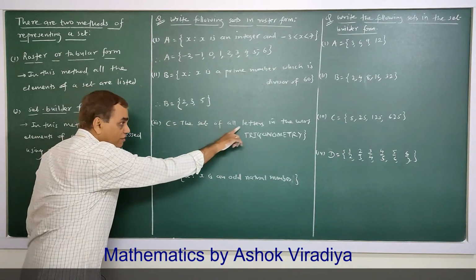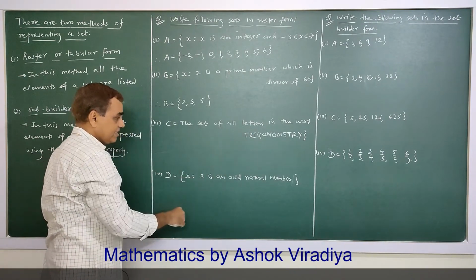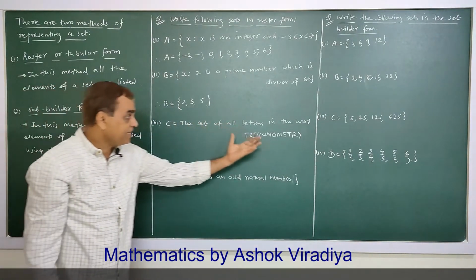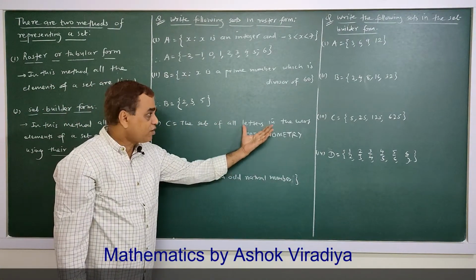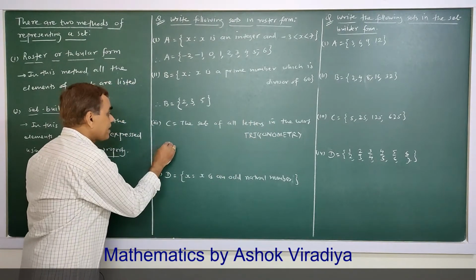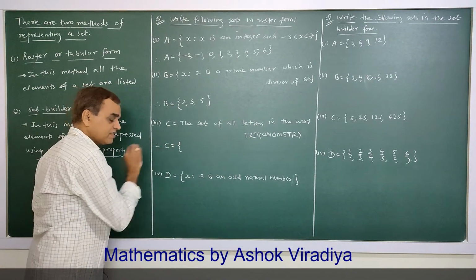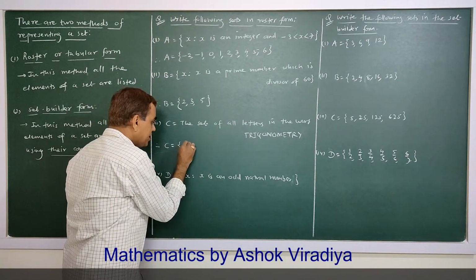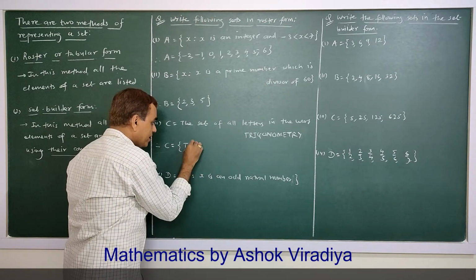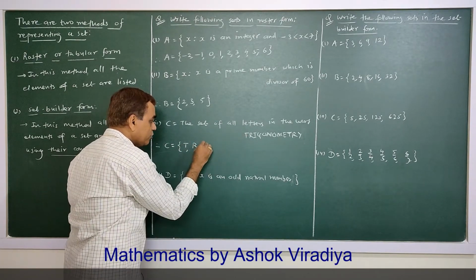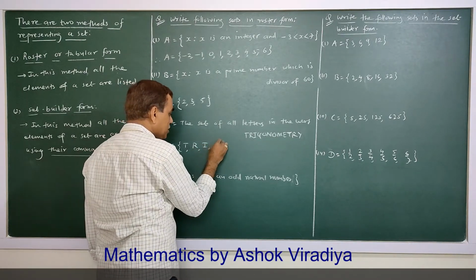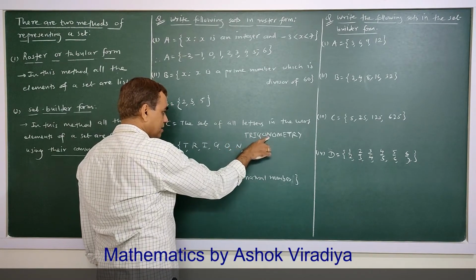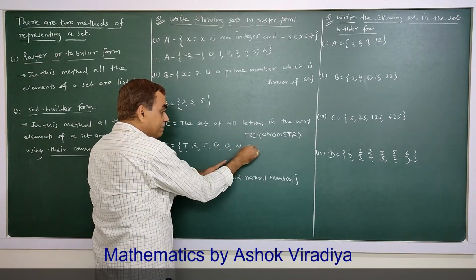Here, the set of all letters in the word trigonometry. Here the property is given. The collection is defined by a property. The set of all letters in the word trigonometry. So we prepare a list of elements in this set. T is included, R is included, I is included, G, O, N, then again O, but we do not repeat.